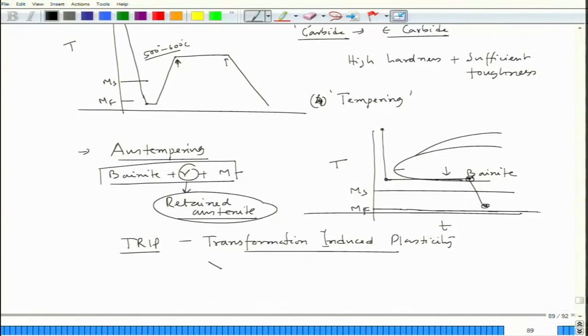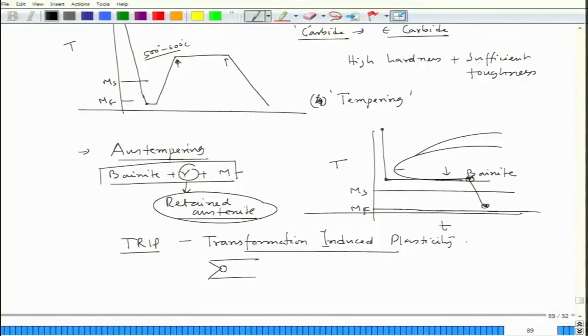When there is a crack formation in a structure, if the crack interacts with the retained austenite, it can convert into martensite, so that it can arrest the crack. That is why it is called transformation induced plasticity. This particular steel is costly, but it has a very specific and important use. That TRIP steel also comes from the austempering operation.